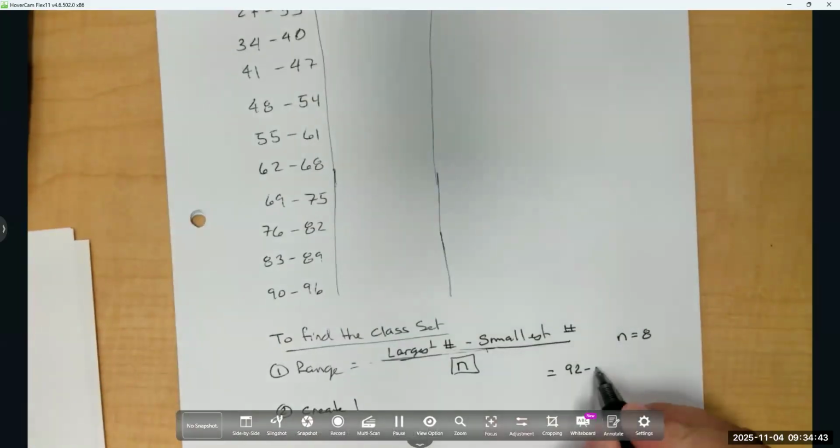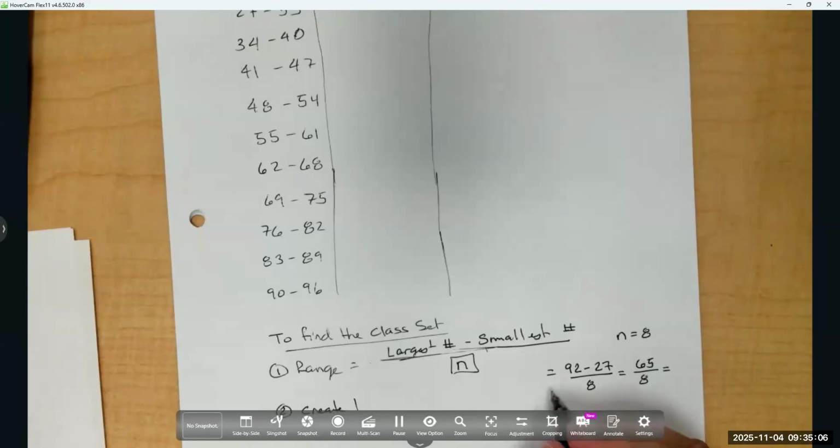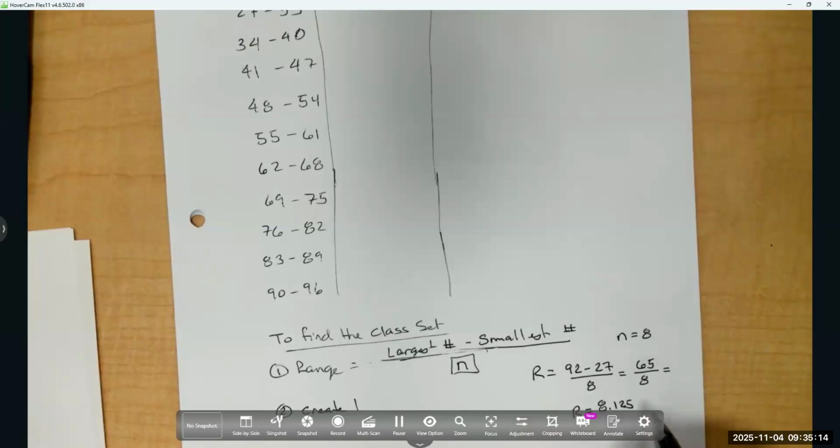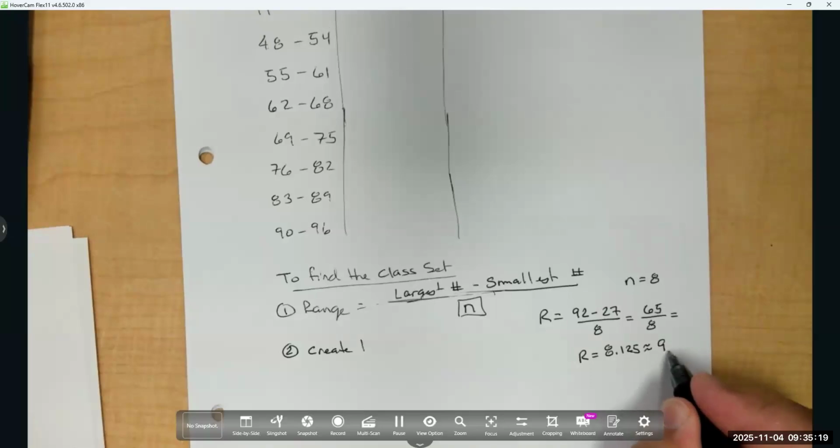So it's 92 minus the smallest number, 27, divided by 8. 92 minus 27 is 65 over 8. 65 divided by 8. This is the range. So the range is equal to 8.125. And since we want integers as our range, we rounded up to 9.